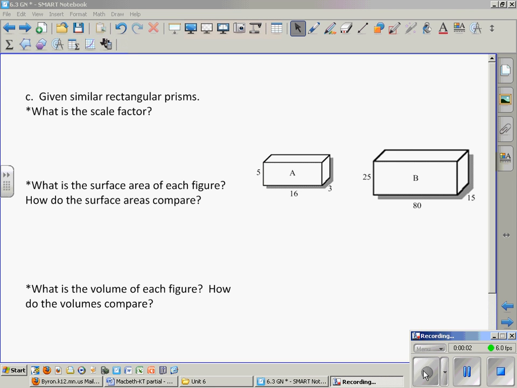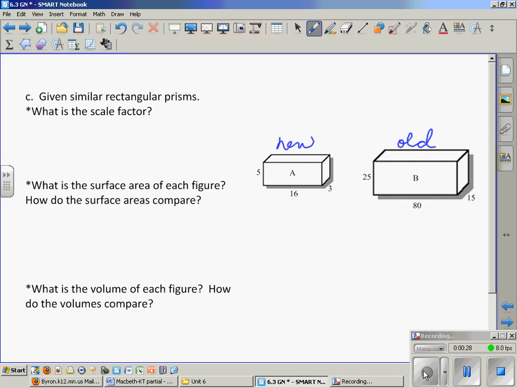Continuing with the 6-3 lesson, our next example is going to continue to work with a lot of the same ideas for us. We are going to treat this as our old figure and this as our new figure, just to, whoops, I did that backwards. Our new figure to our old figure.